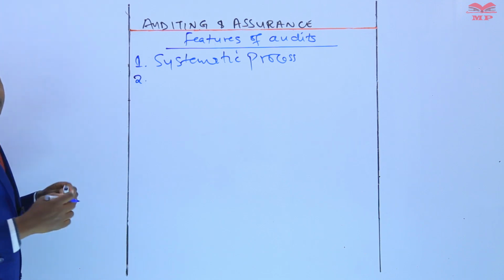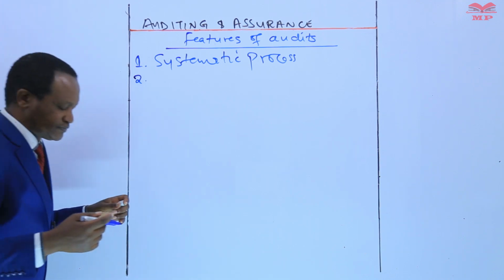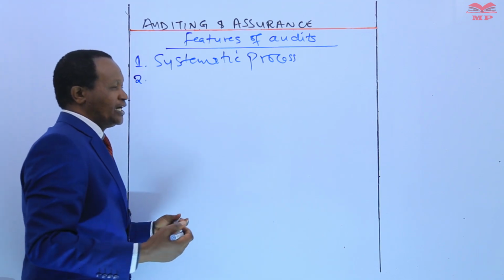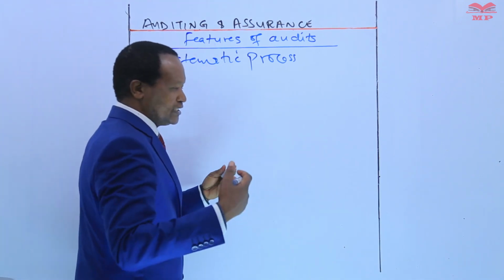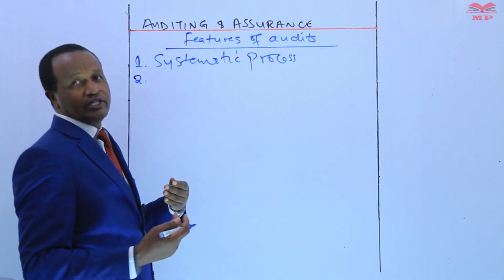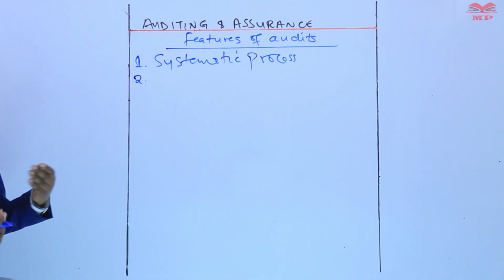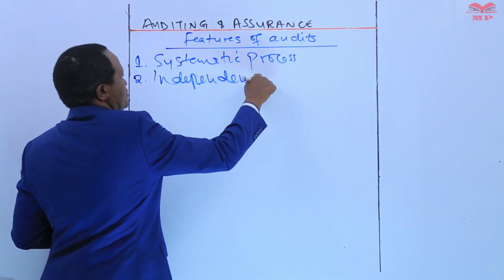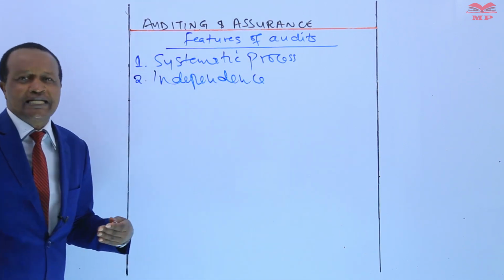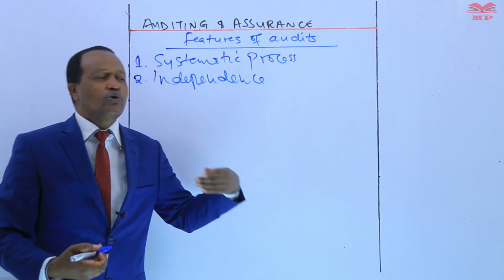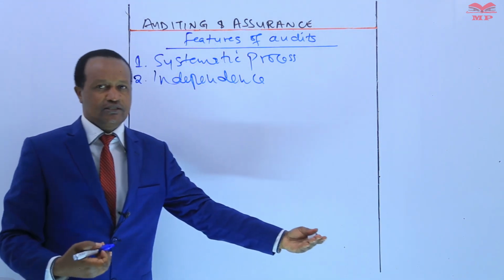The second feature is that audits are independent. An audit is an independent examination of the financial information or records of an organization. Independence is a feature. Auditors maintain independence from the organization they are auditing.